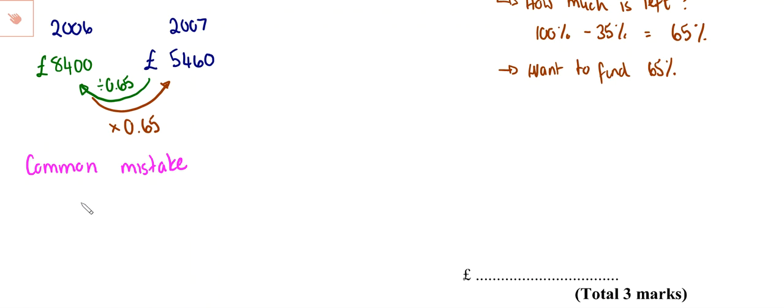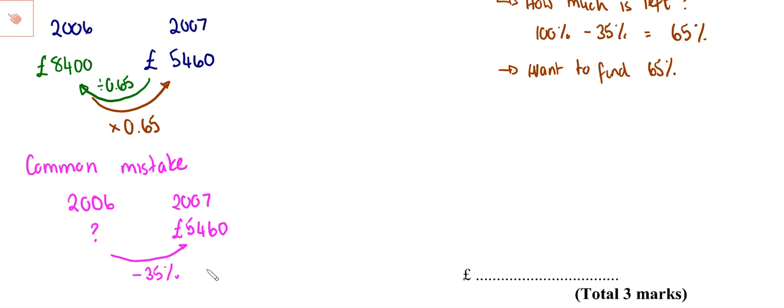So the common mistake for this question, if this is 2006 and this is 2007, if I want to know what that is, and that's 5,460. If we look at that and say, okay, that was minus 35%, does that make sense? Yeah? So that is part of a mistake, but that way of thinking, there's nothing wrong with that, is there? We are subtracting 35%.